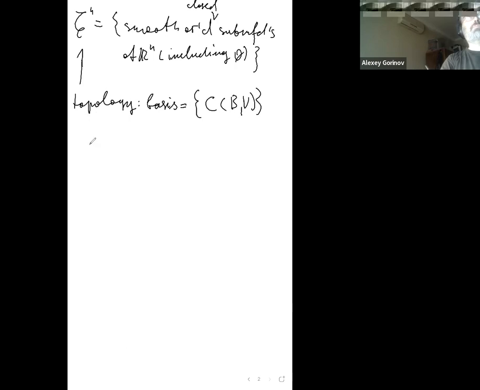We need to topologize this space because in a minute we will see that the space Cn is basically homotopy equivalent to A and D plus. Let's topologize the space.